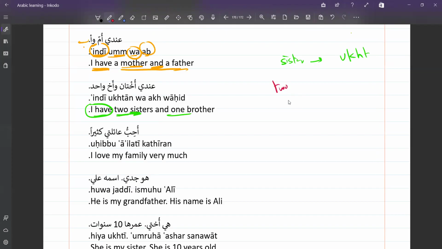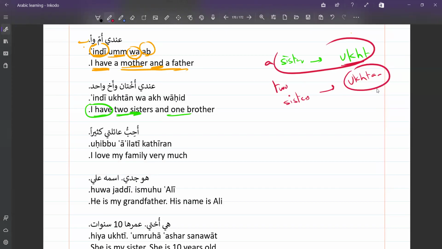There is also a specific word for referring to two sisters. That word is ukhtan. Ukht means one sister, and ukhtan means two sisters. So indi ukhtan would mean I have two sisters.